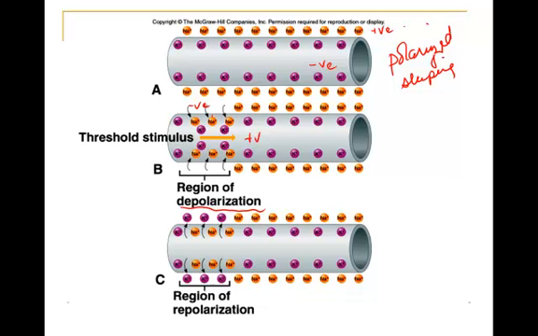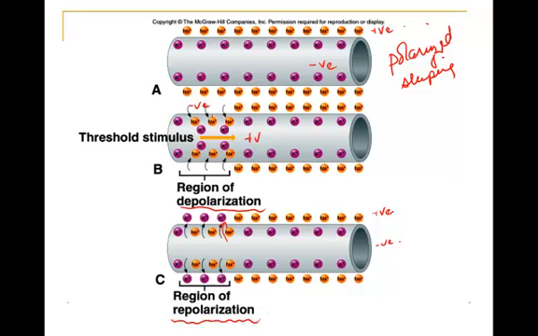So once the sodium ions have opened up and slipped inside the cell, those gates shut, and we get an opportunity for potassium to slip out, and that's what you see here. So we get potassium channels to open. Now we've restored the polarity, positive versus negative. So we're happy again. That's repolarization.